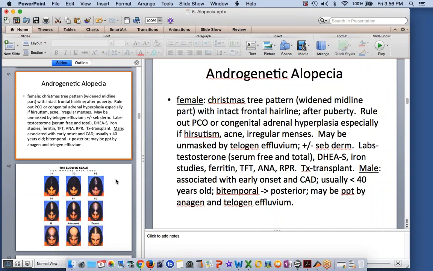Now the next non-scarring alopecia is alopecia due to androgenic causes. I'm not quite sure what female Christmas tree pattern looks like, but if you look down here, the Ludwig scale tries to describe a female that goes from this to this, or from here to here, or something even more accentuated.